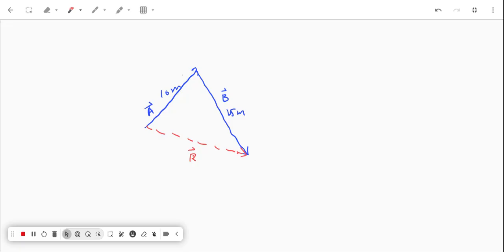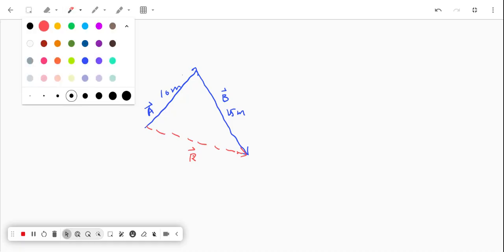So if you want to use Pythagorean and SOHCAHTOA to find it, first step, we're going to draw a rectangle around the triangle. So basically, we have three individual sides, right? And each side can be treated as the hypotenuse of a right angle triangle.